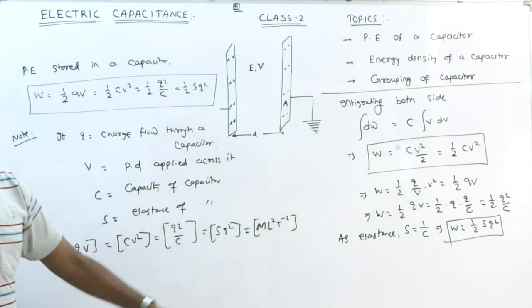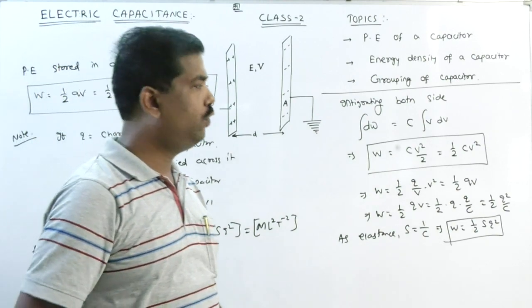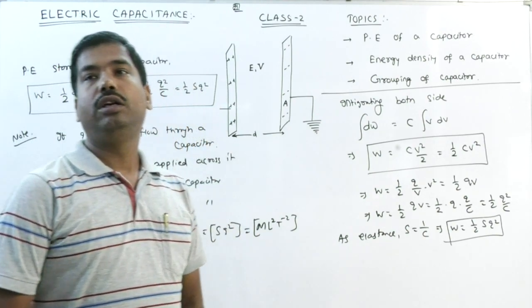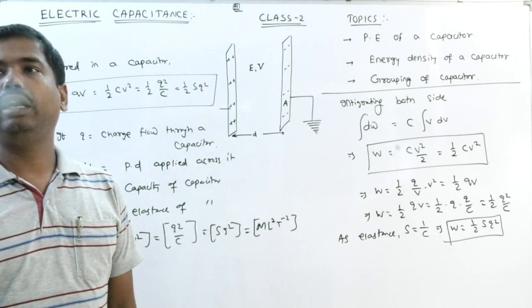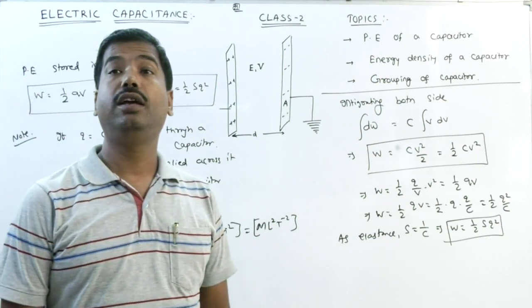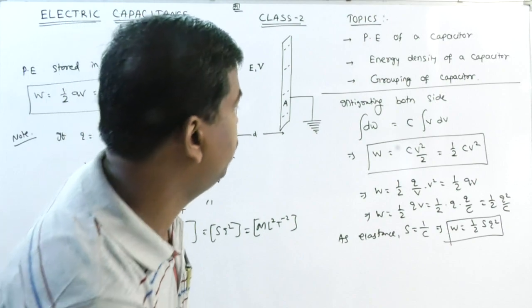Clear? Questions often ask how the spring constant and the elastance of a capacitor play the same role. Let's see.